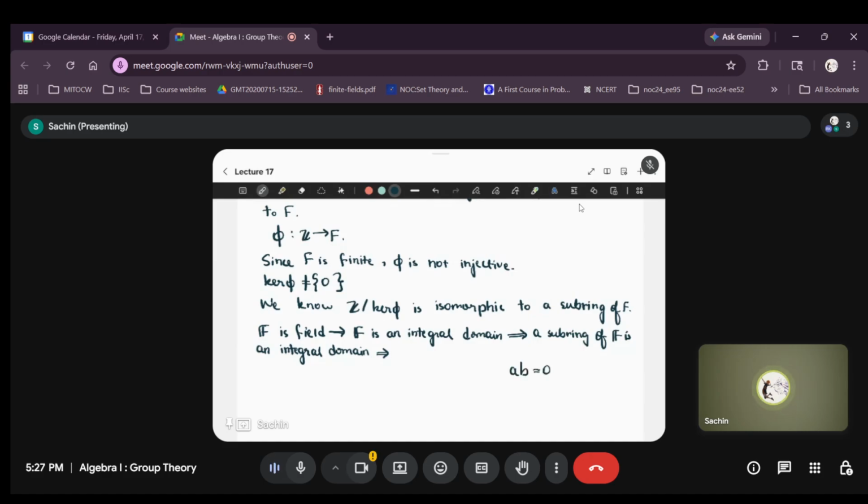If AB is 0, suppose you say A is not a zero element, then A has an inverse. Since I'm considering a field first, let's say in the field A times B is 0.